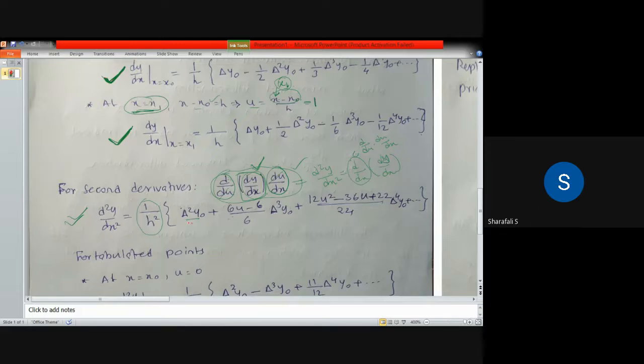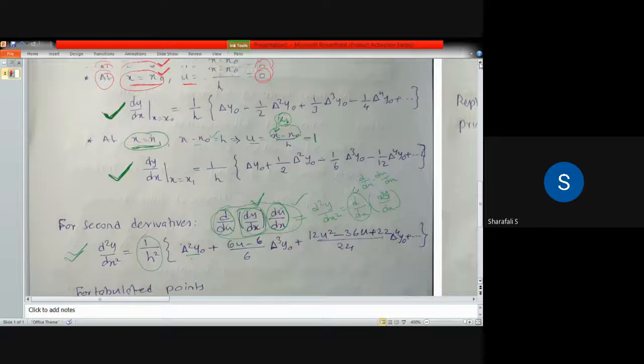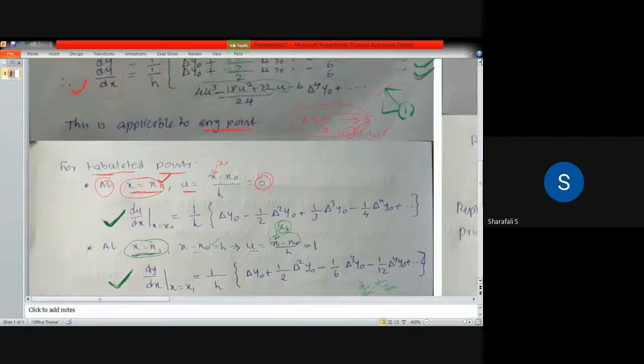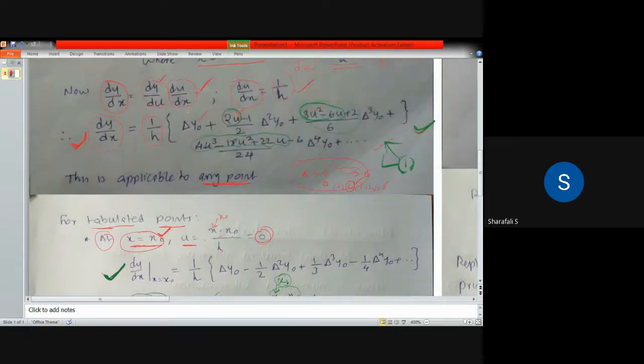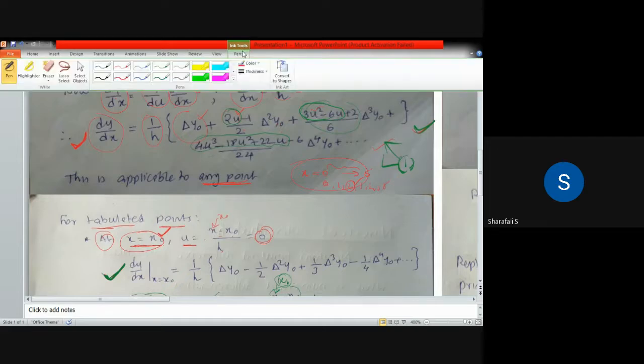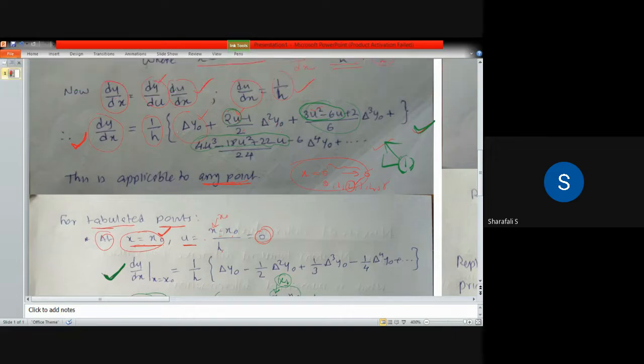I will show you here. You can see in the first equation for dy by dx, we are having delta y0 at first. So this delta y0 will become 0 directly when you take d by du of this term.